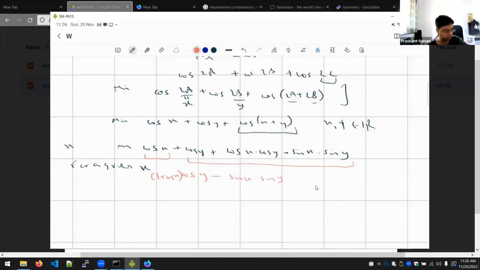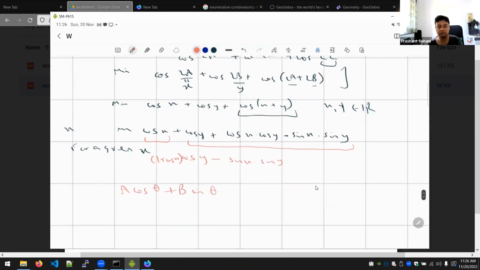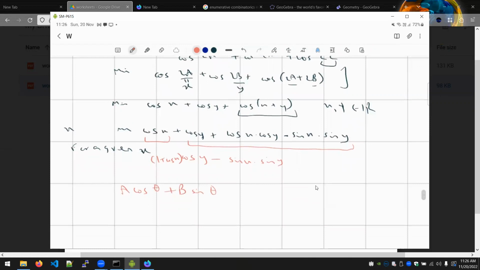I don't know if you are already aware of this. In general, if A cos theta plus B sin theta is there, what is the minimum and maximum value of this expression? Is that something you already studied somewhere?